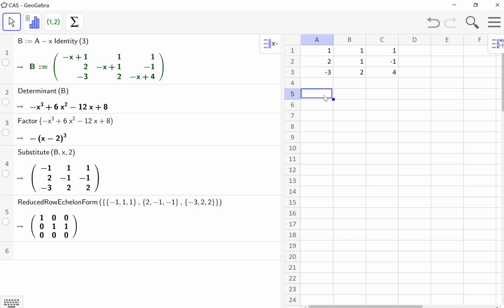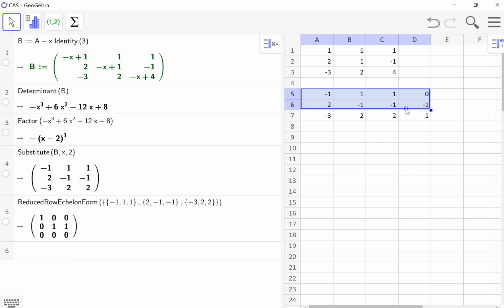Negative 1, 1, 1, and we're going to augment with 0 here, and then 2, negative 1, negative 1, augmented with negative 1 there, and negative 3, 2, 2, augmented with 1 there. Remember, we're doing the A minus lambda I matrix and augmenting it with the K eigenvector, because we want to solve that system.